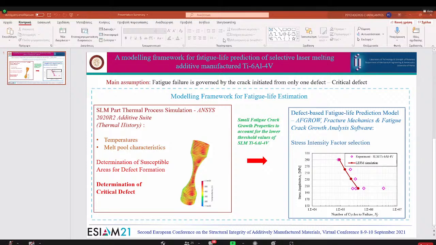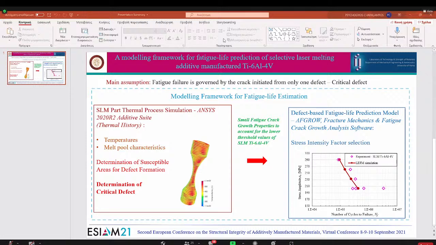By the processing of these results, the susceptible areas for defect formation were determined, and the main indicator for defect formation were the melt pool dimensions. If they do not fulfill certain criteria, the main types of defects found in SLM will be formed.